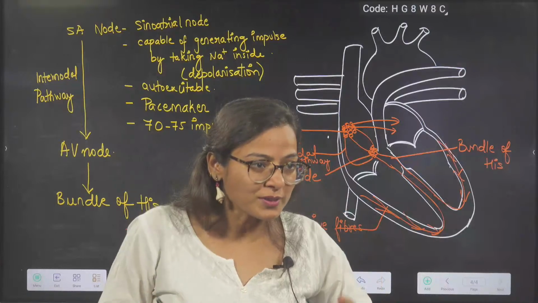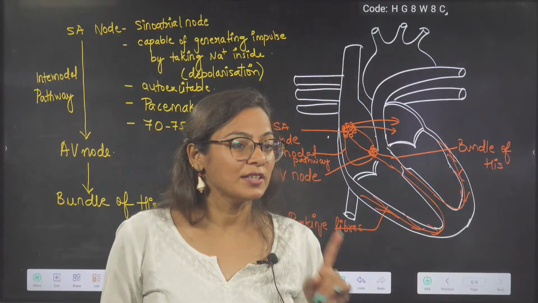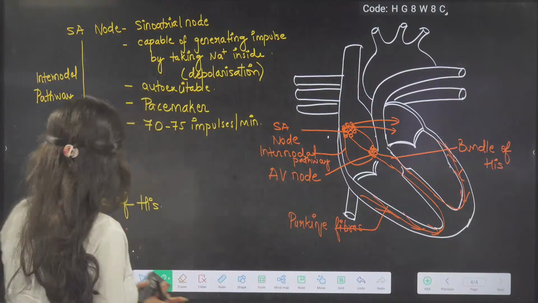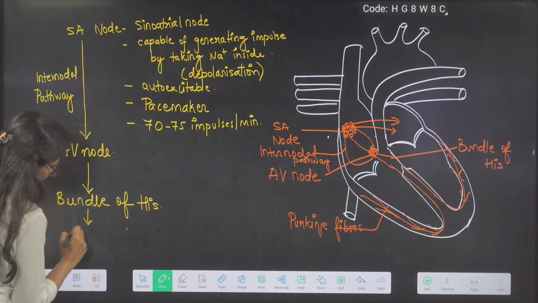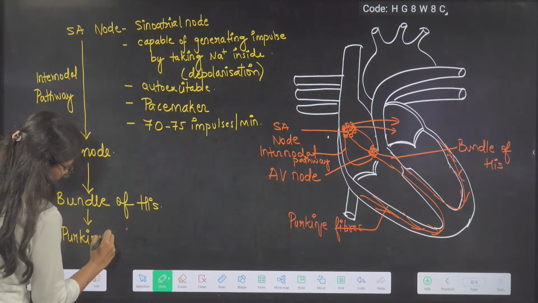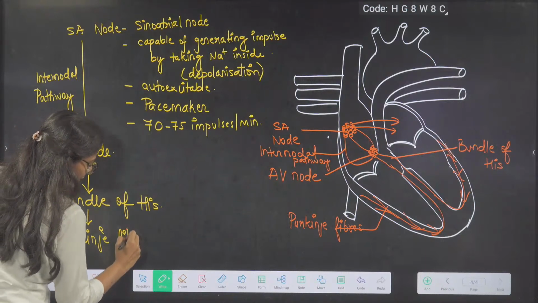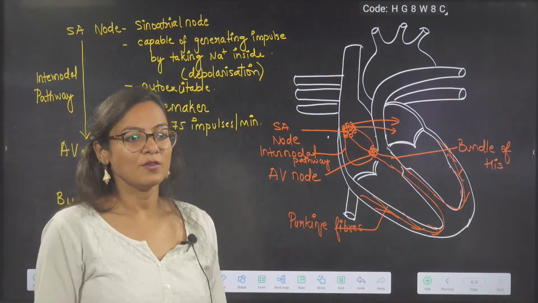And then from there, where is it sending that message in the next part? That is the Purkinje fibers. And can you see how the Purkinje fibers are present?